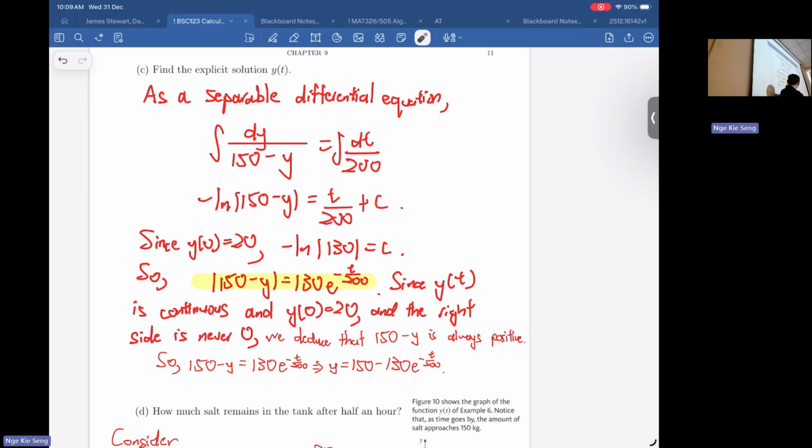So let's say your starting point is 160, then this term will become negative. So maybe you want to choose the negative side, because you need to stay with this continuity condition. I will assume that our solution is good. Does it make sense? Okay.